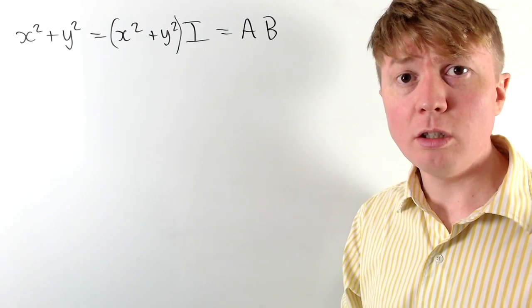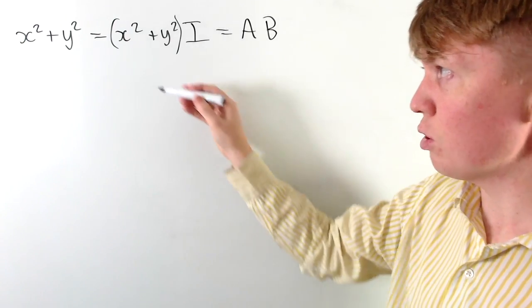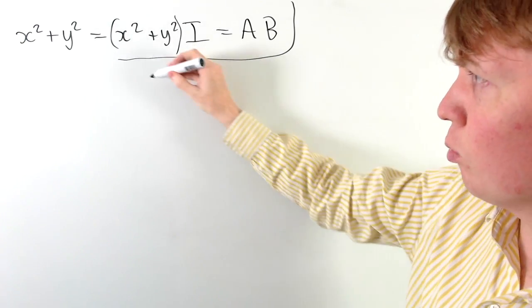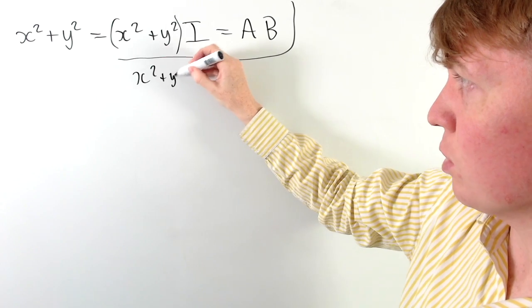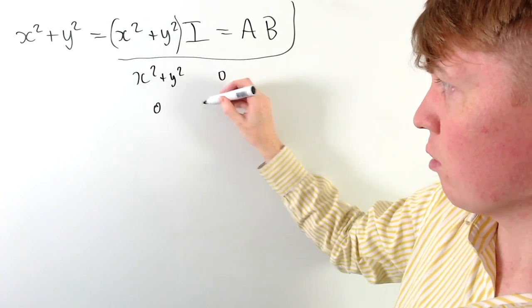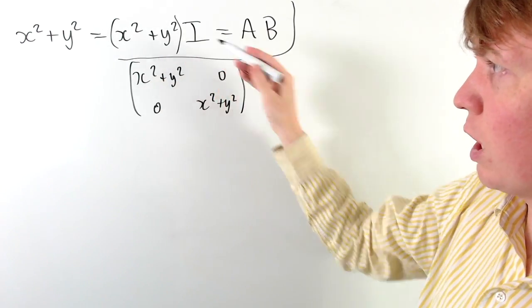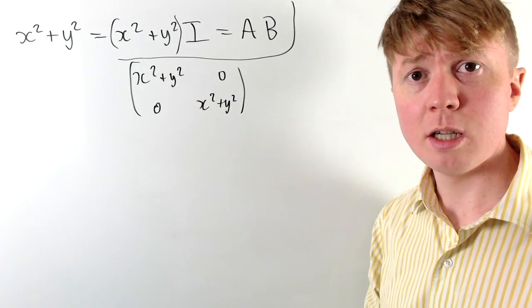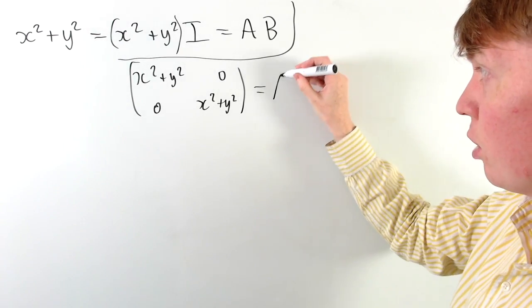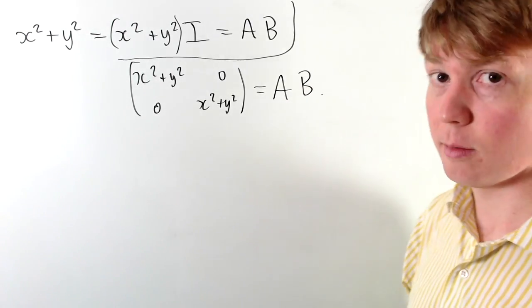If we start looking for a solution, let's just say in the 2 by 2 case, to keep things simple, what we're really looking for is x squared plus y squared, 0, 0, x squared plus y squared for our x squared plus y squared times the identity matrix, and we want this to be somehow equal to the product of two matrices A and B.